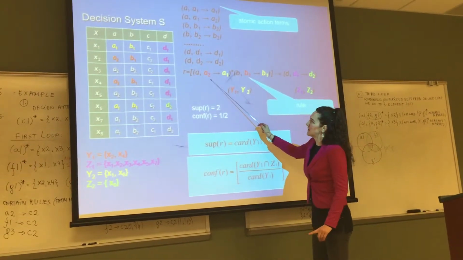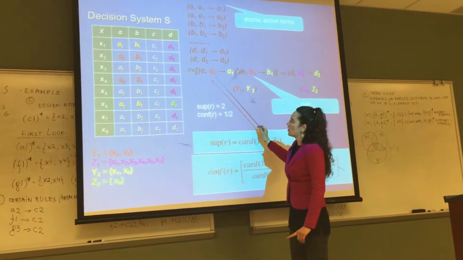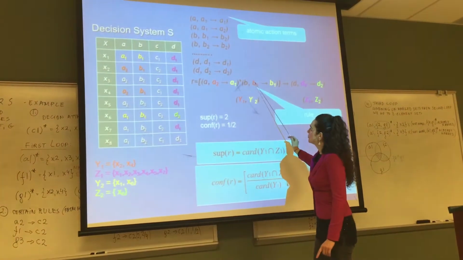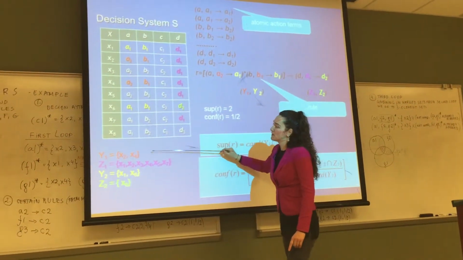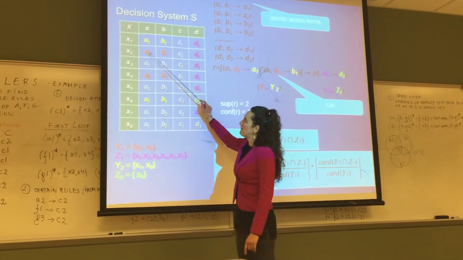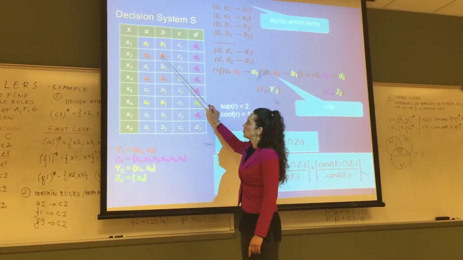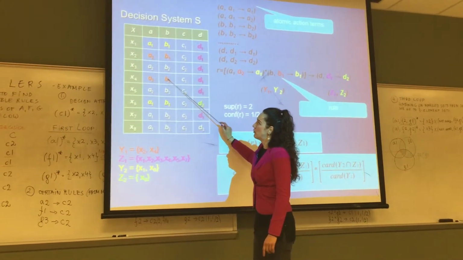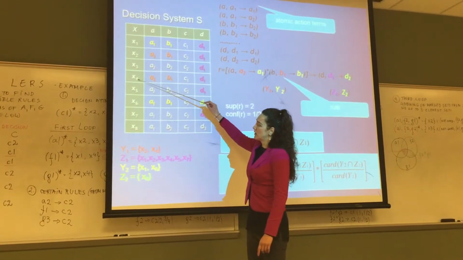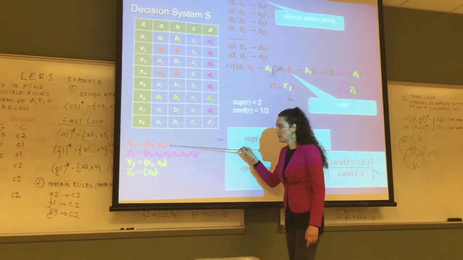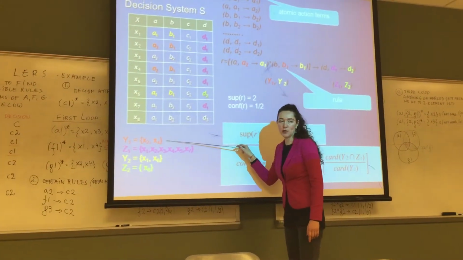But the first set is the current values. So A is equal to 2 and B is equal to 1. The first set contains the objects which have property A2 and B1. These are X2 and X4. That is the first set that we need.